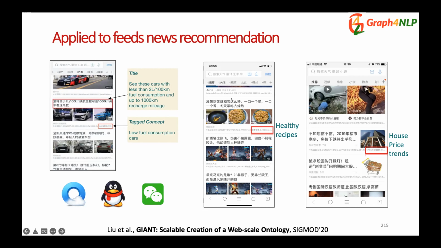And similarly, this article is about healthy recipes, and this article is about house price trends. So you can see that the different tags can help to summarize the documents' topic and content in a way which matches users' language habits.